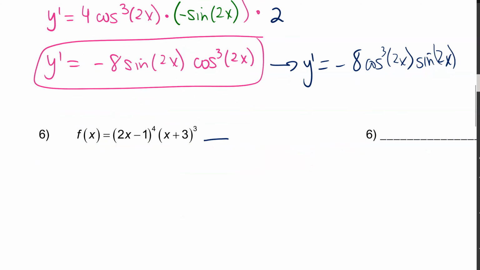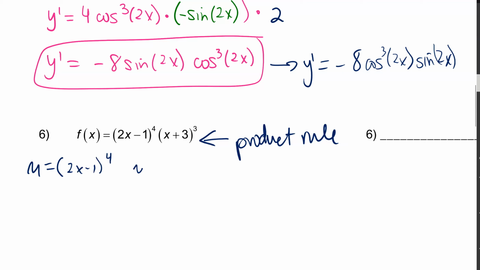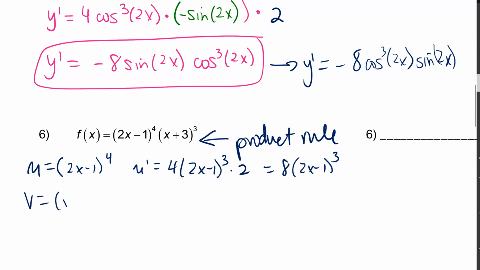Okay, so you're going to do the product rule. So u is 2x minus 1 to the 4th, and the derivative of u is 4 times 2x minus 1 to the 3rd times 2. And then v is x plus 3 cubed.